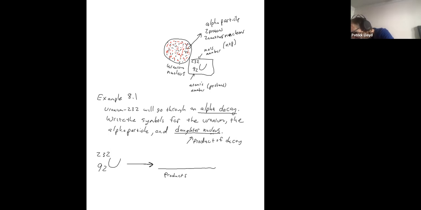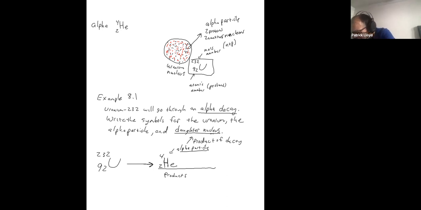You write He, with 2 as the number of protons and 4 as the mass number. So if they say it undergoes an alpha decay, you write the symbol for helium, and then 2, 4. In fact, I'll write that over here. That's just the symbol that we use for the alpha.